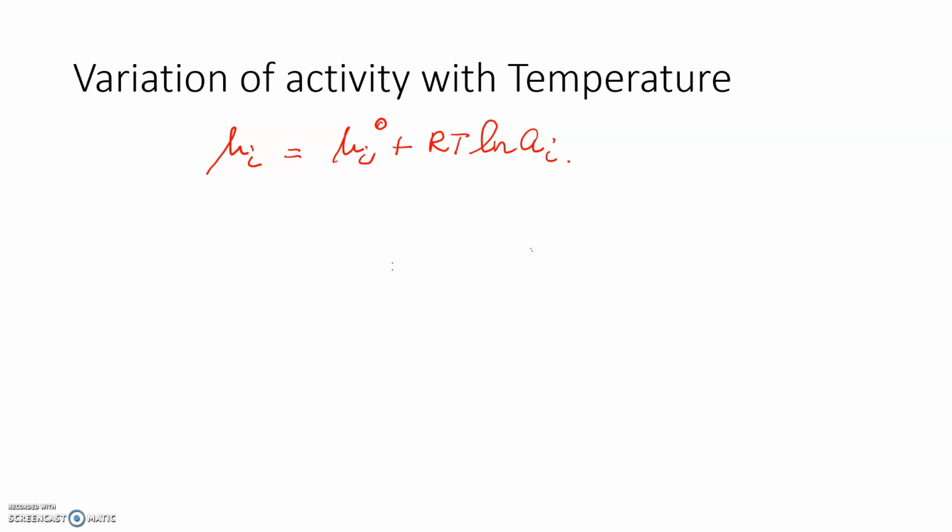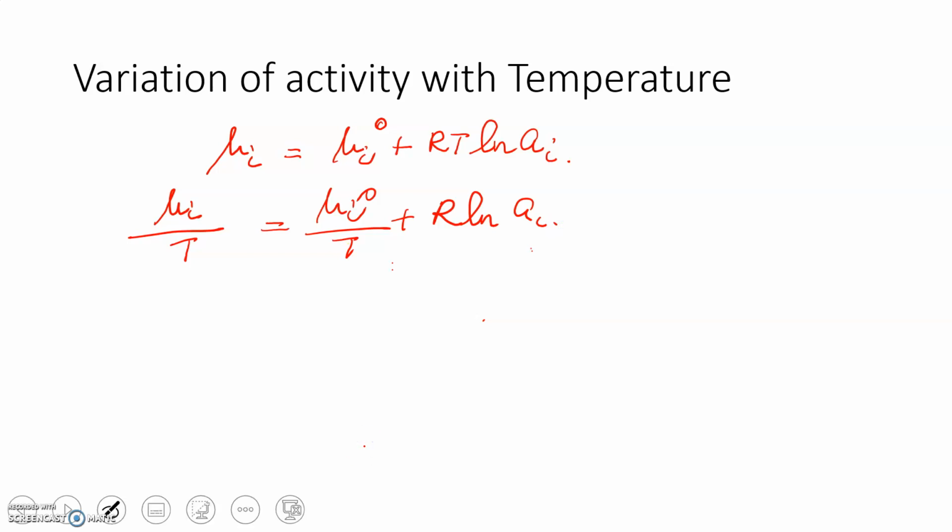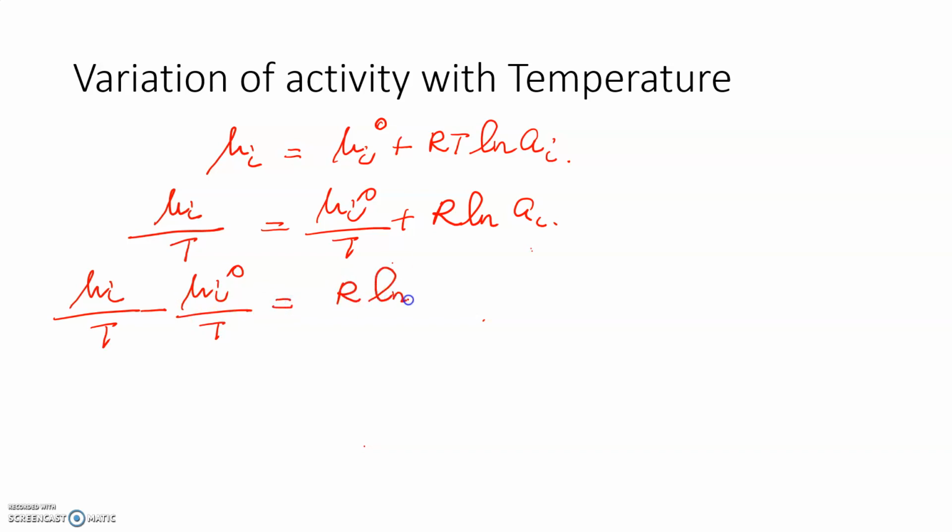Dividing this equation throughout by temperature, we get μ_i/T is equal to μ_i⁰/T plus R ln a_i. Taking μ_i⁰ to the left side, μ_i/T minus μ_i⁰/T will be equal to R ln a_i. Now we'll differentiate this equation with respect to temperature at constant pressure and composition.